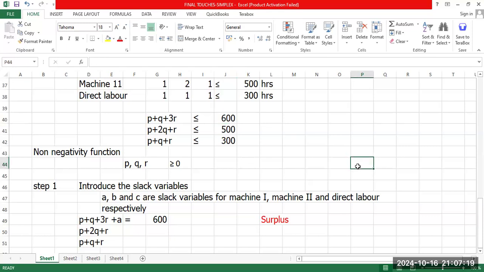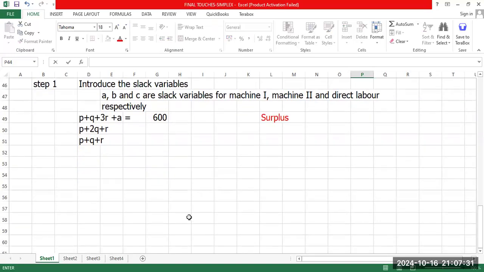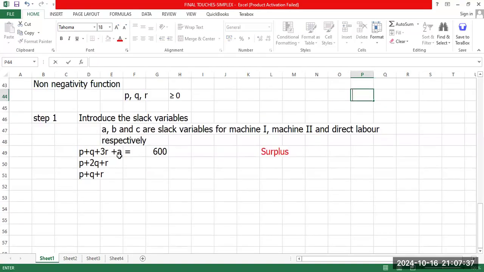So if they use 500 hours, the surplus is like your actual slack variable. You will see in the long run, when we are interpreting the final tableau, that the slack variable helps us to know the surplus. Has the company fully utilized what is available or not?